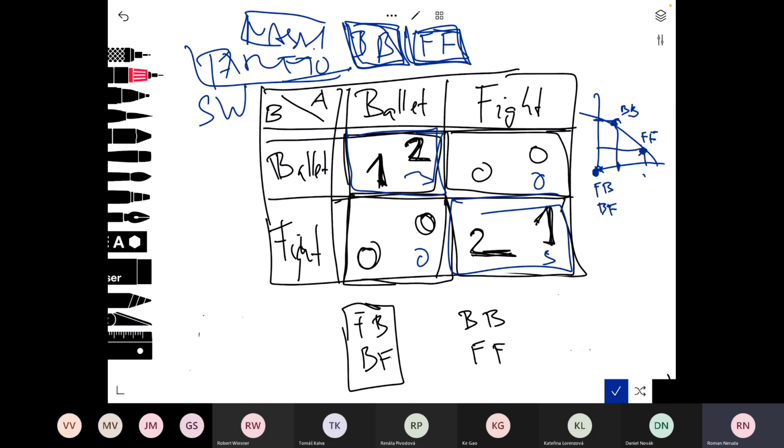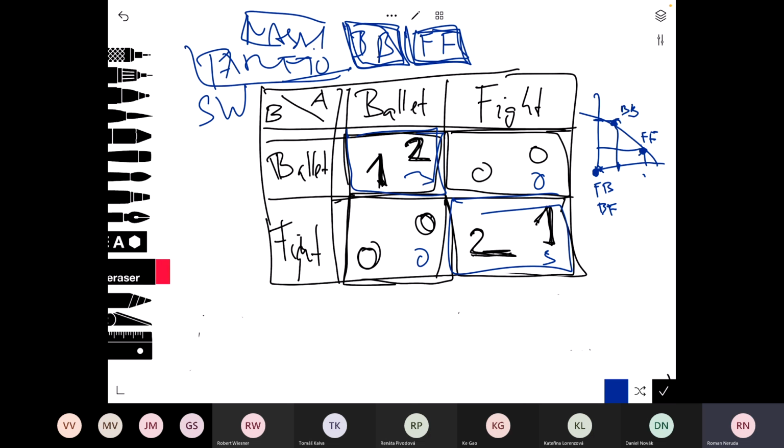One more thing, well, it's not a joke, it's an interesting thing. If you want to compute the Nash equilibrium in the so-called mixed strategies, meaning that you have probabilities of the actions, you end up for Bob with a mixed strategy of 1/3 probability of taking ballet and 2/3 probability of taking the fight.